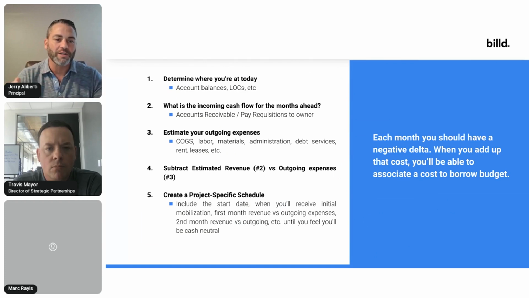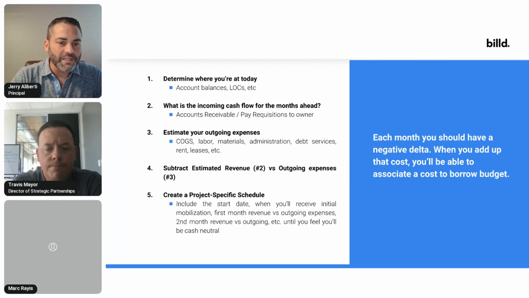But if you're a smaller contractor and you're bidding tons of work each week, then maybe you break it down per week as well. But at a minimum, you'll go out 6 months, 12 months on a per month basis, and then you'll break out a per week basis. Naturally, most contractors get paid on a net 30 pay term, right? So it's every month.